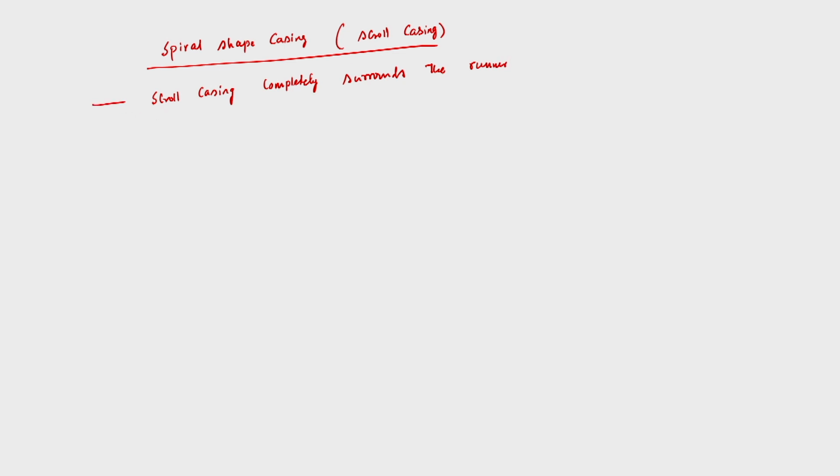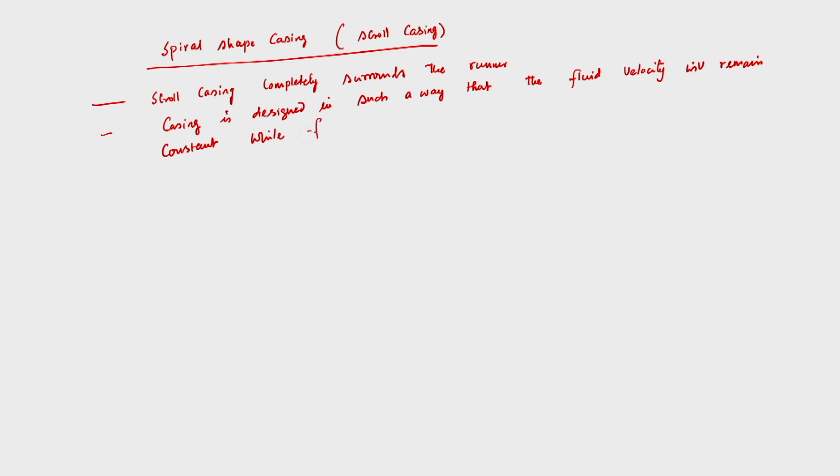The scroll casing completely surrounds the runner, this is very important, and the casing is designed in such a way that the fluid velocity will remain constant while flowing through the casing.